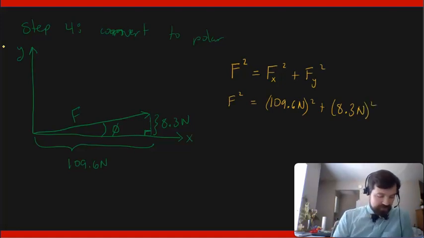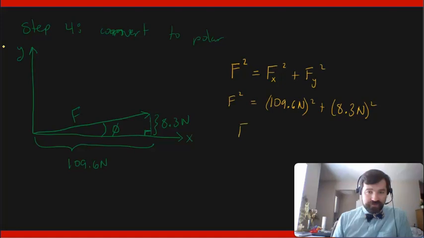If I add those two, 109.6 squared plus 8.3 squared, I end up getting that F squared is 12,081.05 square newtons.